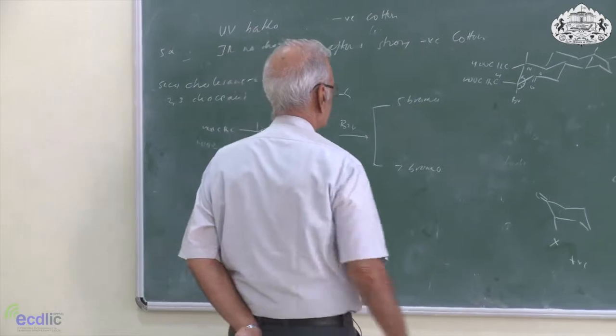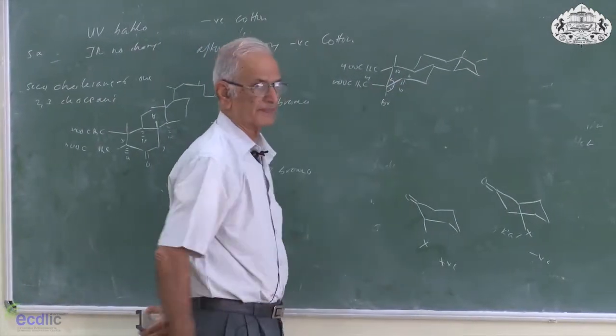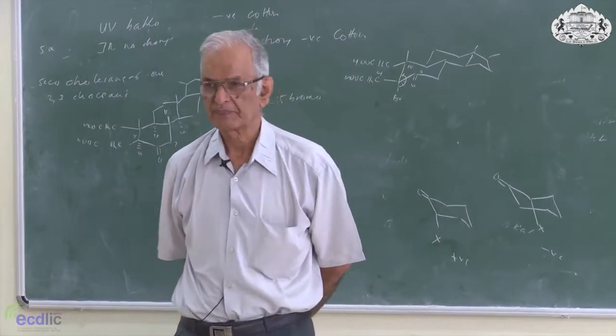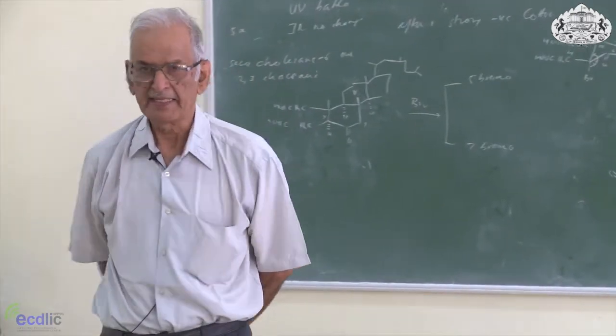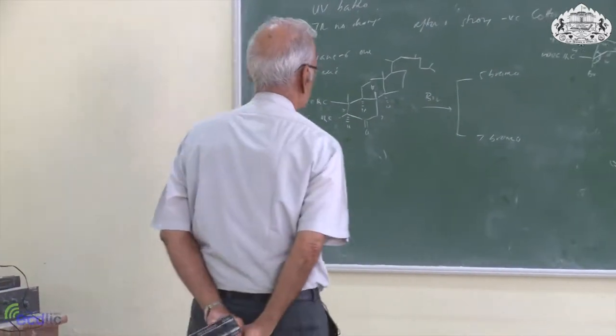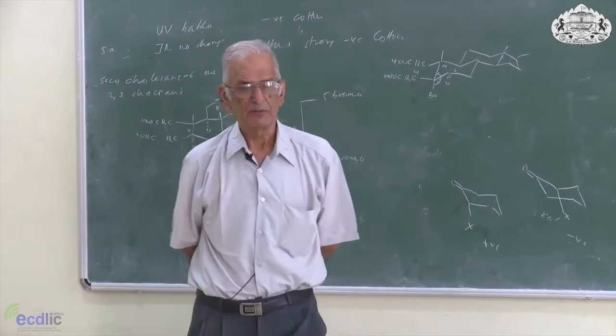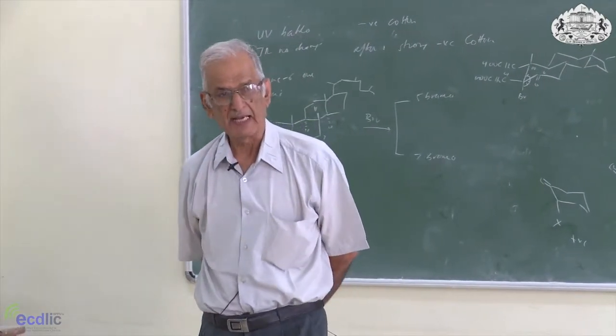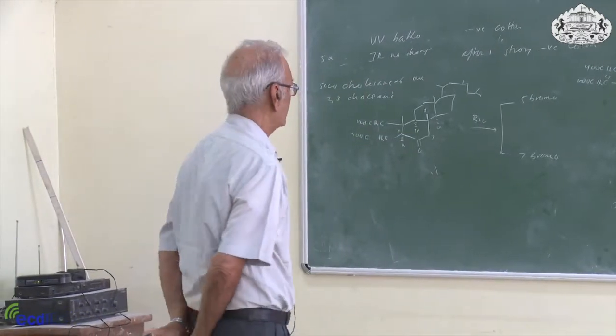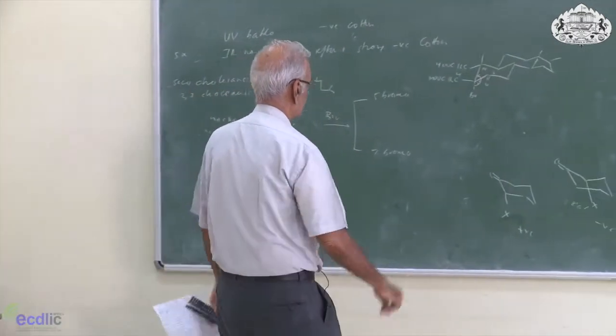So, that's the picture. It describes an anti-clockwise direction. Where is the group last in priority? It is above. Therefore, that's your R absolute configuration.